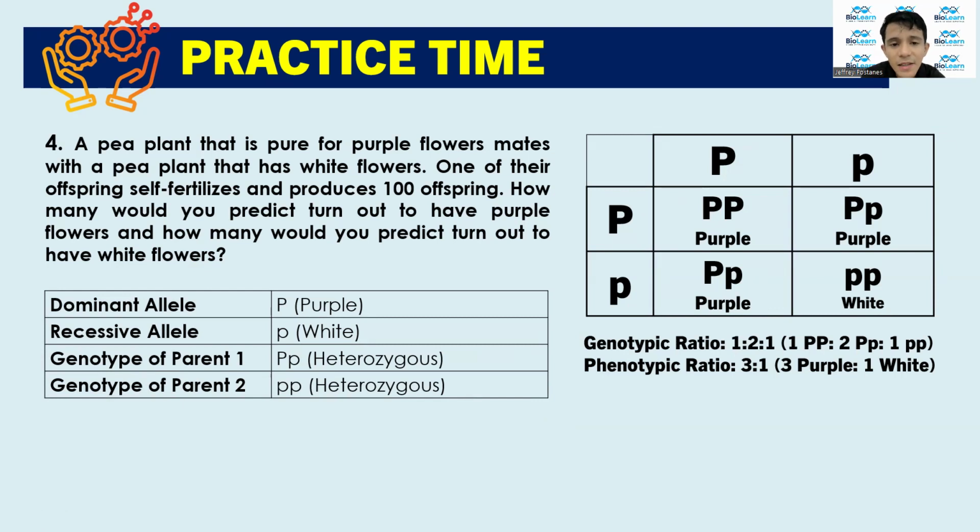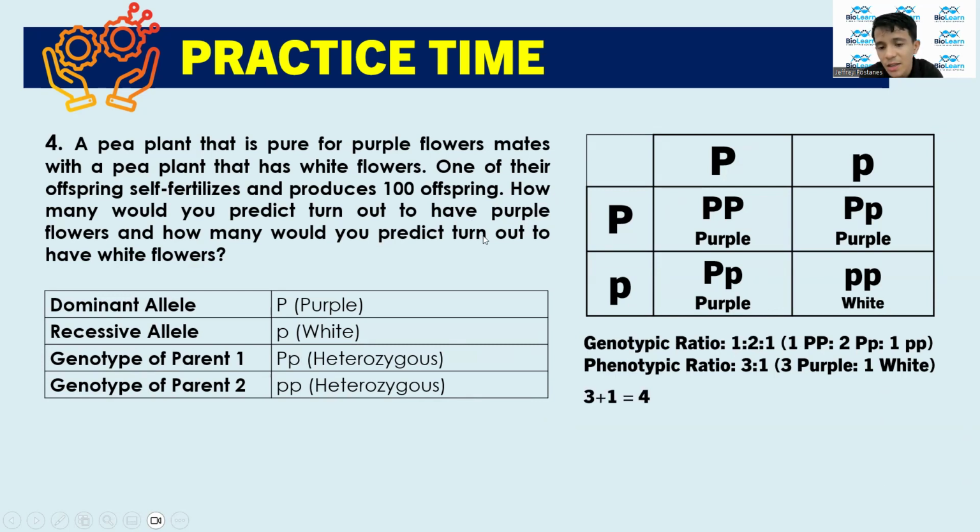It says there that one of their offspring produced 100 offspring. So if the phenotypic ratio is 3:1, then how many will become purple flowers and how many will have white flowers?